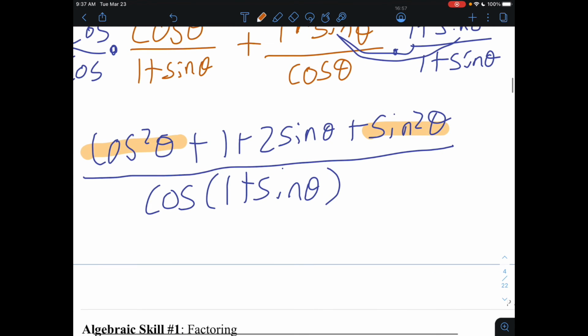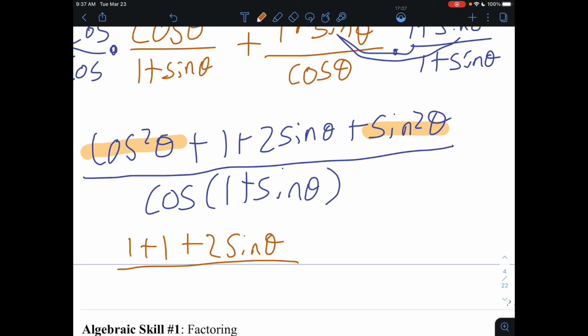Okay, so this becomes 1 plus the 1 plus the 2 sine all over, and I'm not distributing the numerator yet, not distributing the denominator yet, just because I don't quite know what's going to happen with that. Okay, so we have 1 plus 1 plus 2 sine over cosine times 1 plus sine.